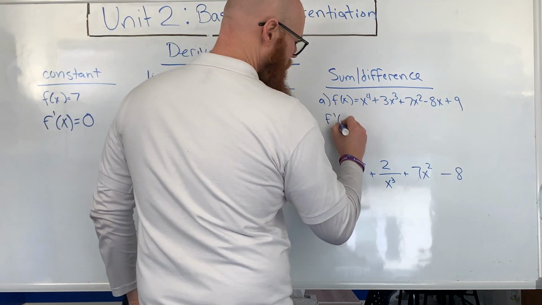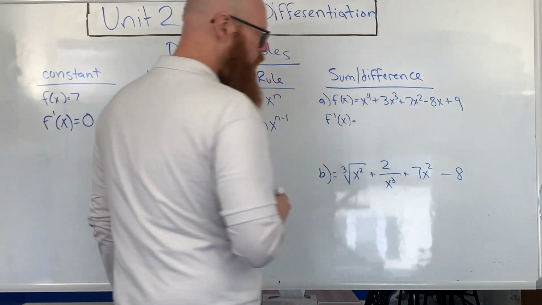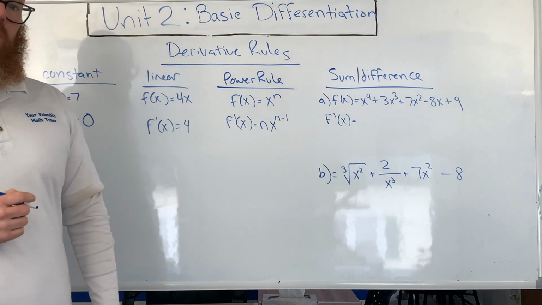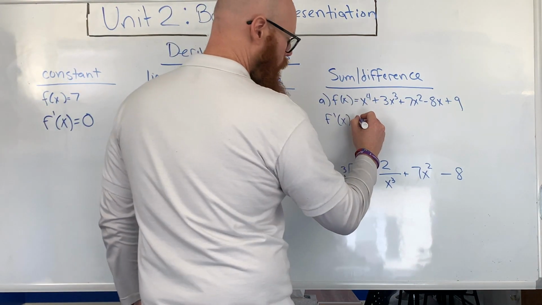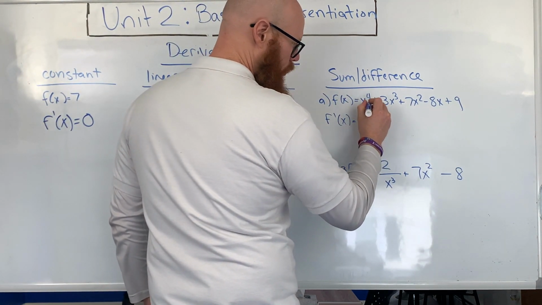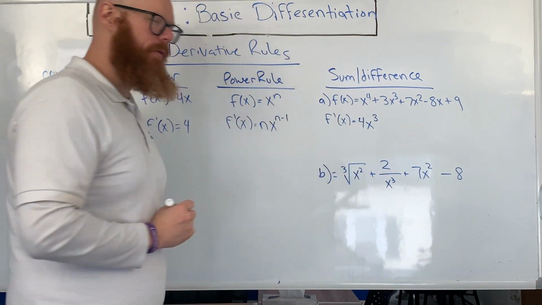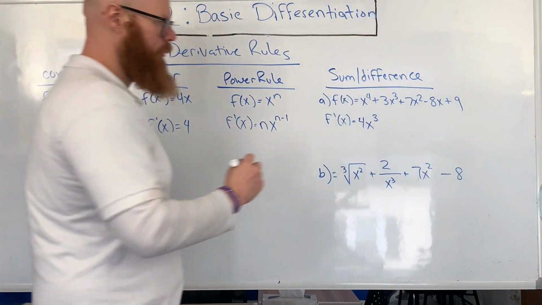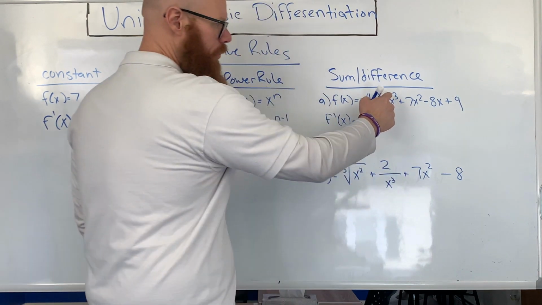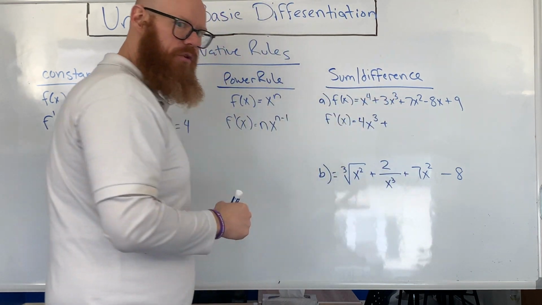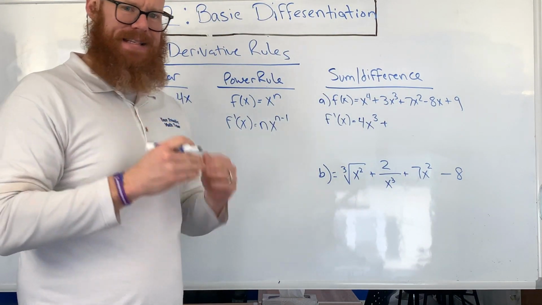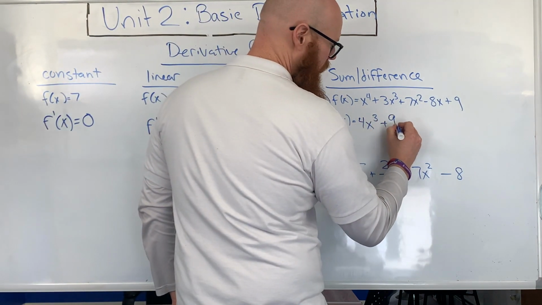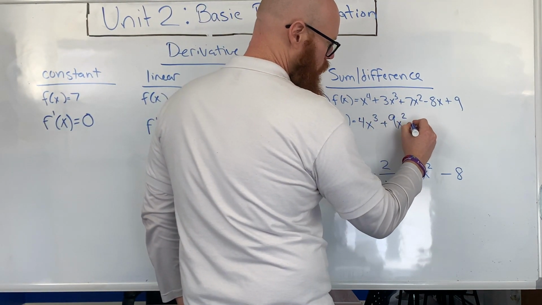So for the derivative of this function, for x to the 4th, we're going to use the power rule. We bring the 4 in front and lower the power by 1. So the derivative of x to the 4th is 4x cubed. Now for this one, when I bring the 3 in front, there's a 3 already there. They get multiplied together, so that gives me 9x, lower the power by 1, squared.